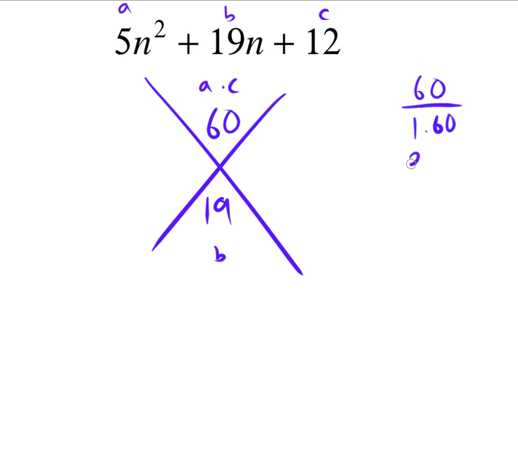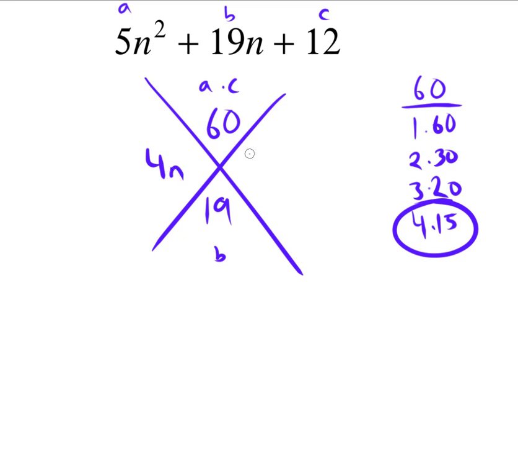1 times 60, 2 times 30, 3 times 20, and sorry, my brain just stopped. 4 times 15, and I'm going to stop there because this 4 plus 15 adds up to give me 19. Haha! So since that is the case, I'm going to actually make this 4n, and this is going to be 15n.